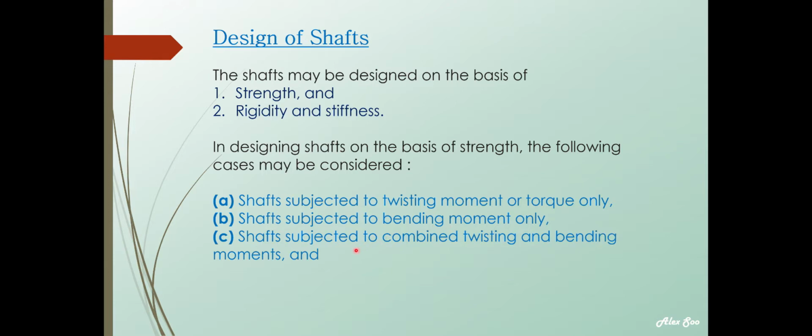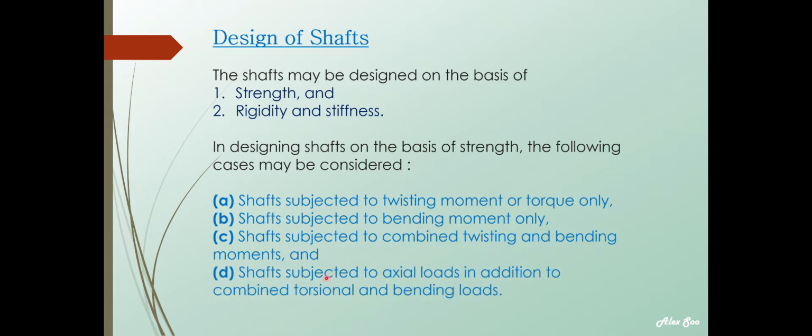Third, where we combine both twisting and bending, so we will be looking at the design of shaft or the failure of shaft due to the combination of twisting and bending. Lastly, shaft subjected to axial loads in addition to the combined torsional and bending loads. So the first part, we will be looking at twisting moment only.